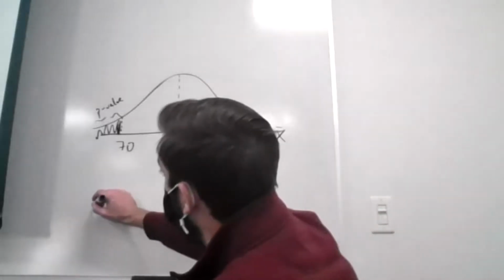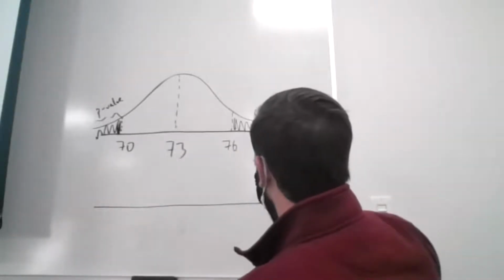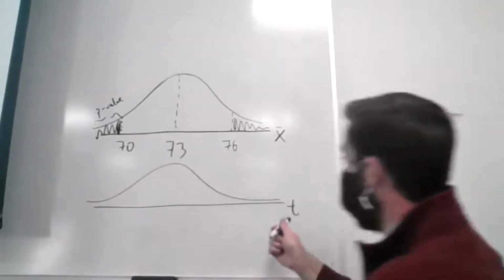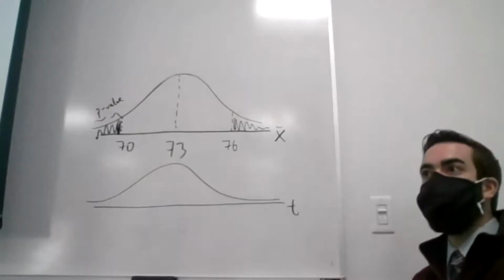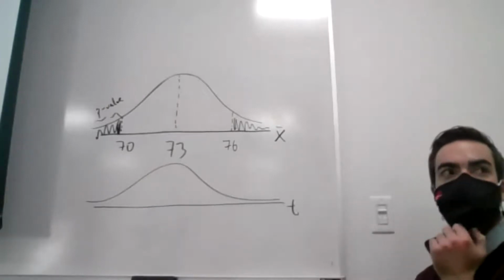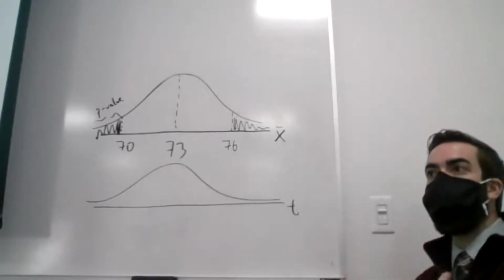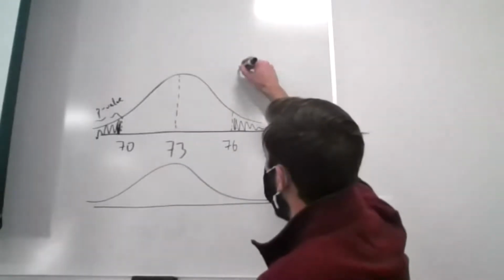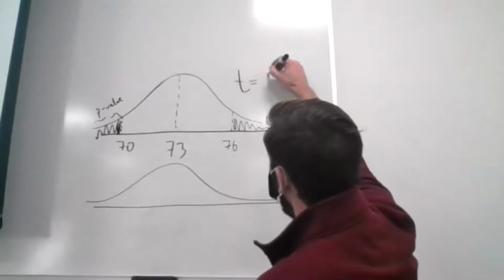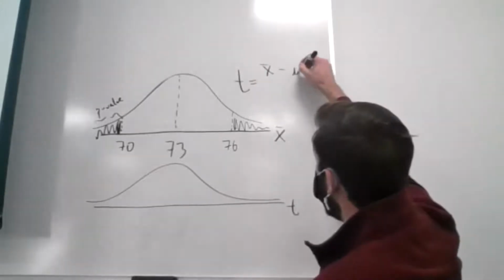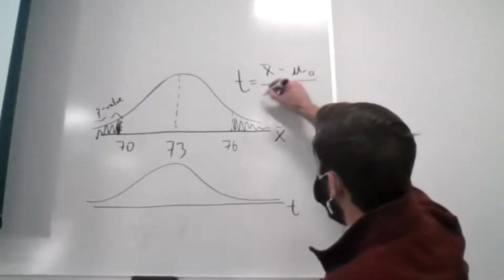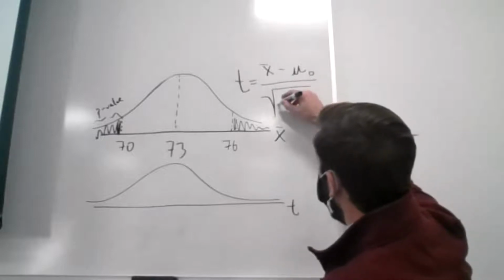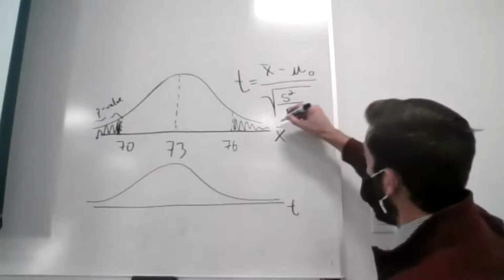So we find this sample mean, and we have to turn this into a test statistic, but now it's no longer a Z statistic. It's coming from a student T distribution, because we don't have a population variance. All we have is the sample standard deviation. So our test statistic equation is: take that sample mean, subtract the assumed true mean, and divide by the sample standard deviation over the square root of our sample size.